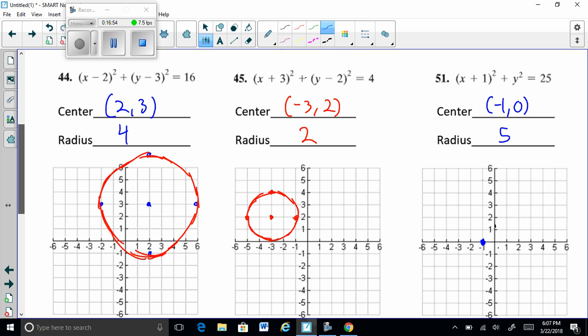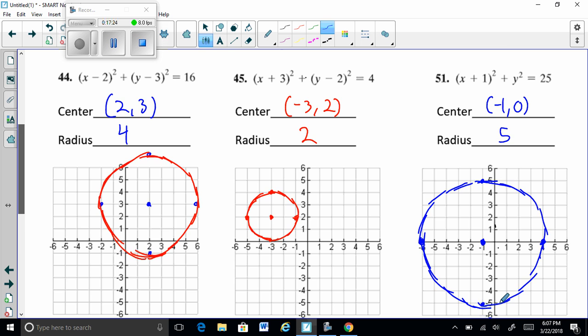And we'll go 5 up, 5 to the right, 5 down, and then 5 to the left over here. All right, and so a little harder to draw the bigger ones, but it'll be fine. Not too bad, actually, so that's not too bad.